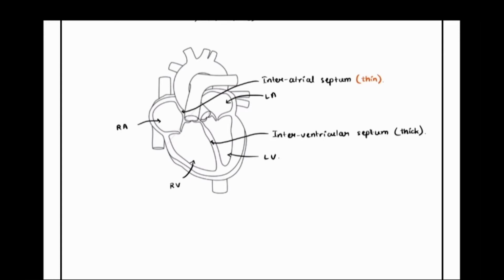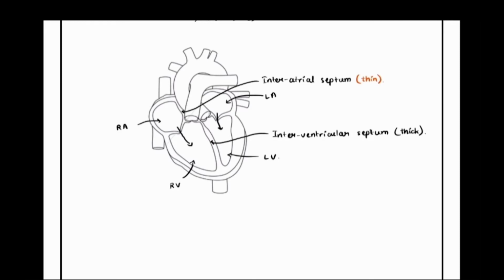Now, what the atrium does is pump blood into the ventricles, whether it be the right atrium or the left atrium. So the blood comes from the atrium to the ventricles, and the same case over here. One side, the right side, flows deoxygenated blood, whereas the left side flows oxygenated blood. But the blood always flows from atrium to the ventricles.